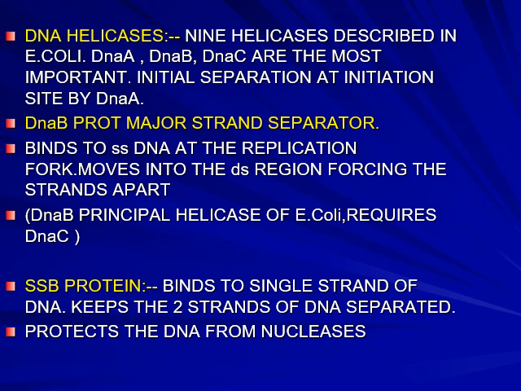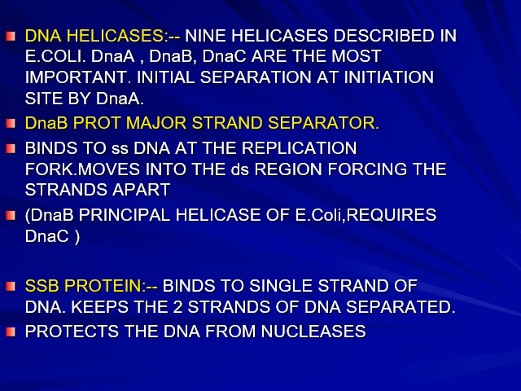So the pre-priming complex has the DnaA protein, which identifies the region near the OriC site, binds to that region and causes the melting of the DNA and the separation of the two strands of DNA.